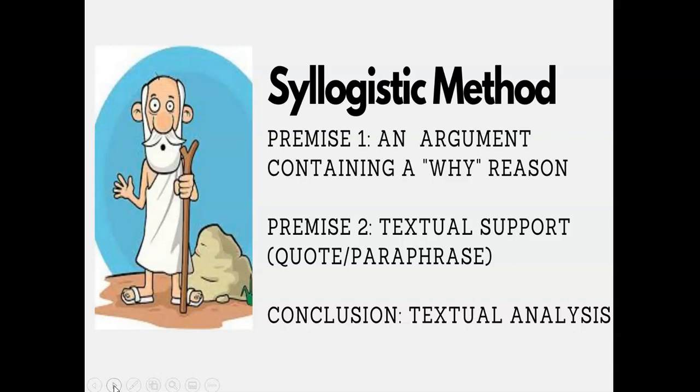The second premise is going to be the teeter-totter balance between quoting and paraphrasing. You don't want to do one more at the expense of the other. And it's the textual support. So we know that they are required to use a said amount of sources in their paper, so we got to make sure that happens. And then the conclusion of the syllogistic body paragraph is going to be the textual analysis.